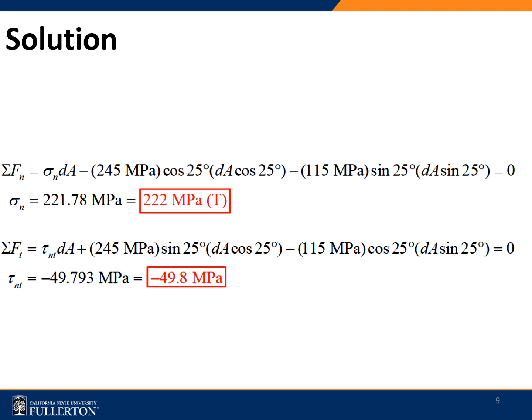And we could determine the normal stress and the shear stress across the plane which is inclined at 65 degrees. The area terms get cancelled because they are equal on both the terms. So the dA component, the area component, gets cancelled, and that leaves us with the two stress components, the normal stress being 222 megapascal tension, and we have the shear stress which is negative 48 megapascal.